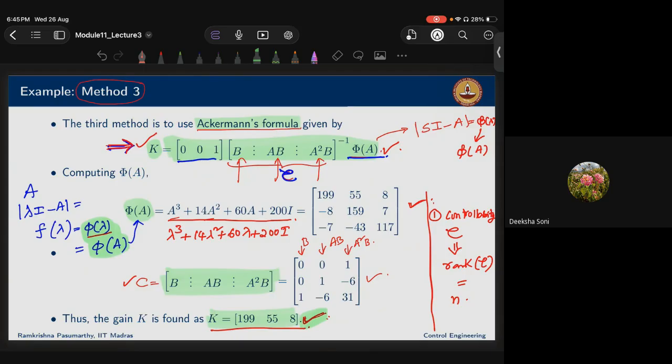I hope the idea of the pole placement technique is clear. If you still have any doubts, you can ask me. Just solve the existing problems in the video. That would be enough.